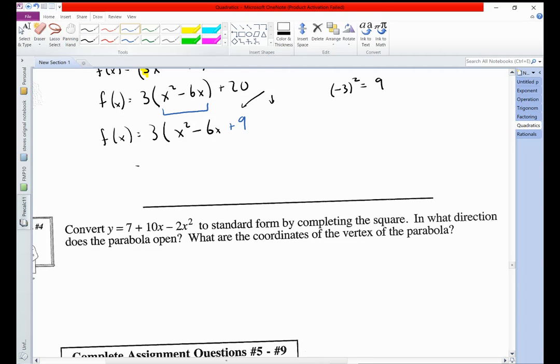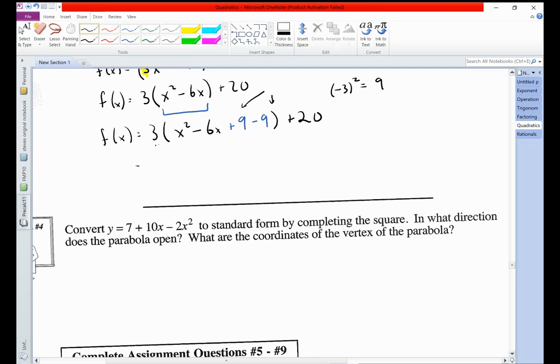We actually have to put this negative 9 in those brackets. And then what happens when we pull it out of these brackets, we have to multiply it by the 3. That's what happens.